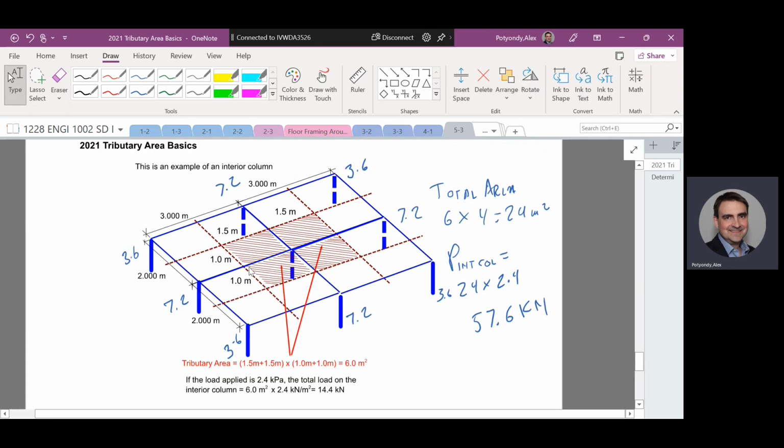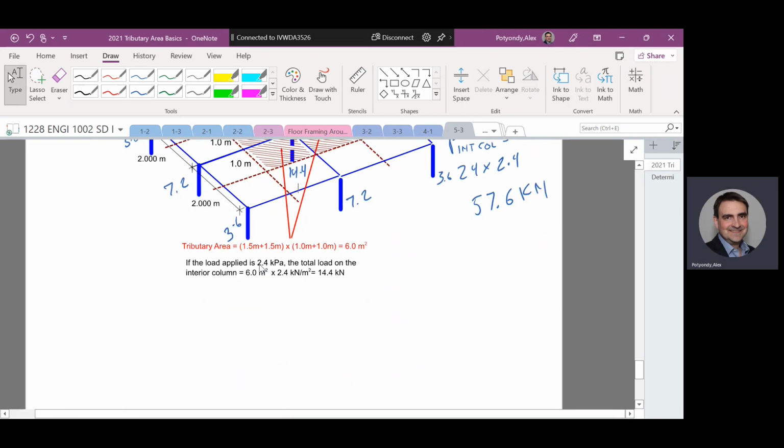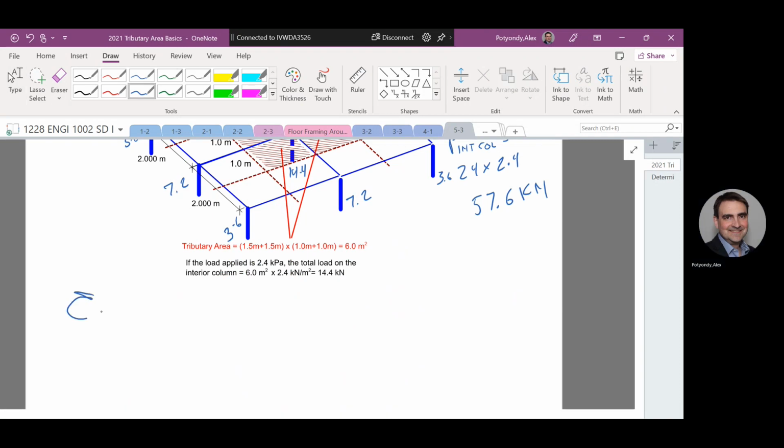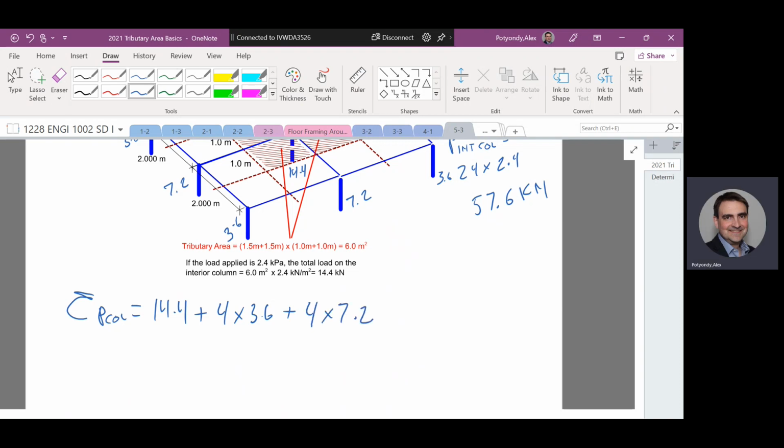So now if I added up all the column loads, in the interior one we said was 14.4, we could write the sum of all the column loads, 14.4 plus 4 times 3.6 plus 4 times 7.2.